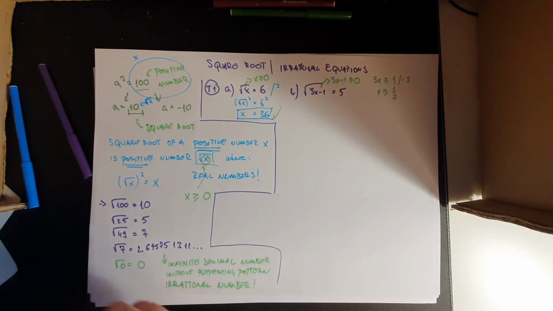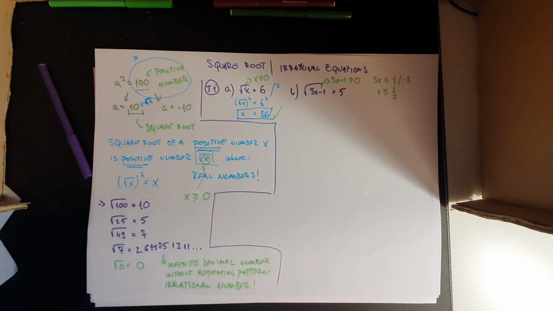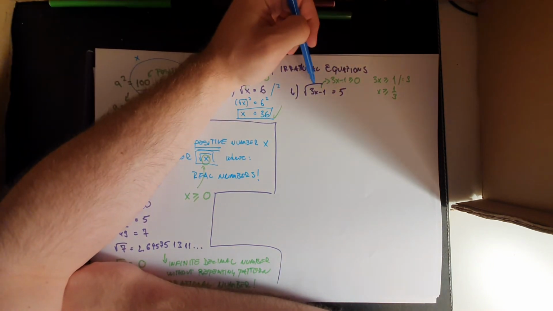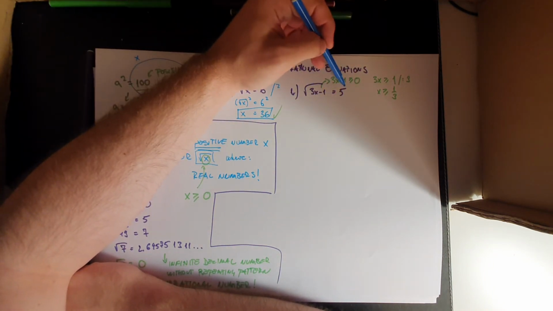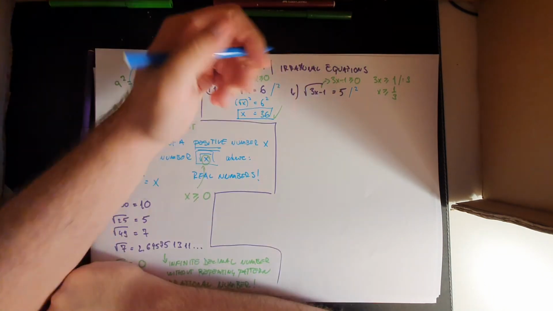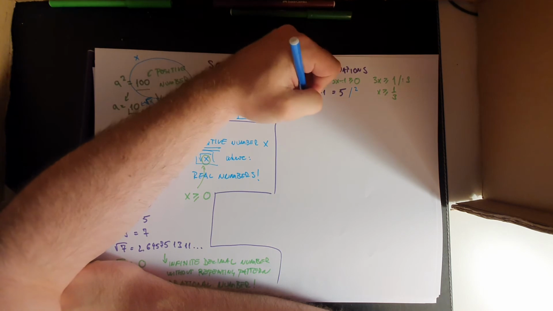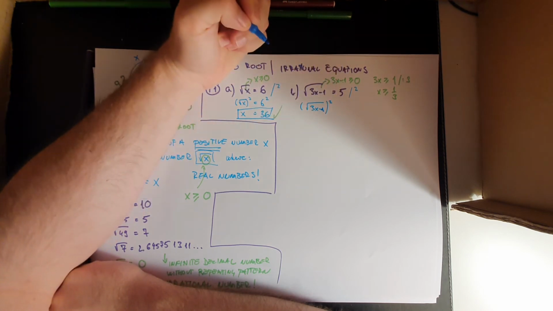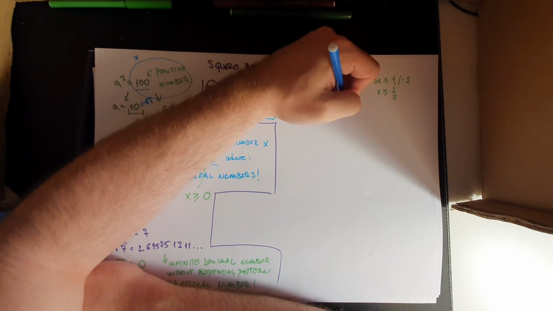Now, once I've done this, I can go back into the method, and since I've already talked about the method, I'm just going to apply it. So we have a root on one side equal to a number on the other side. Let's square the equation. Now, what happens is the following. We have to square the square root of 3x minus 1, and on the right side, we have to square the 5.